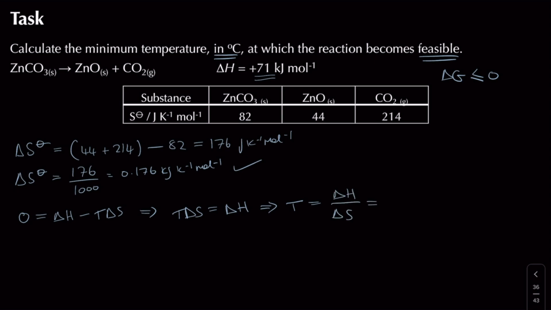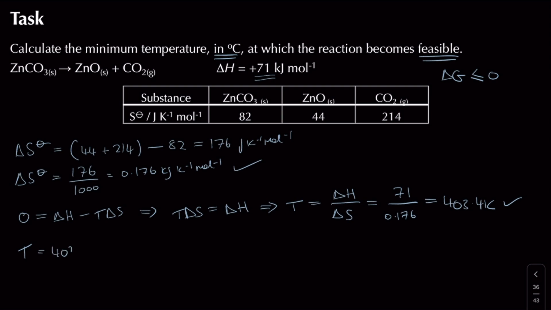Now I've got my values, which in this case we know it's going to be, of course, for my enthalpy change, 71, and I'm going to divide by 0.176 itself. I'll put that in my calculator, and what you end up with is a value of 403.4 Kelvin, which of course is going to be our temperature in Kelvin, but we want to find our temperature in degrees Celsius.